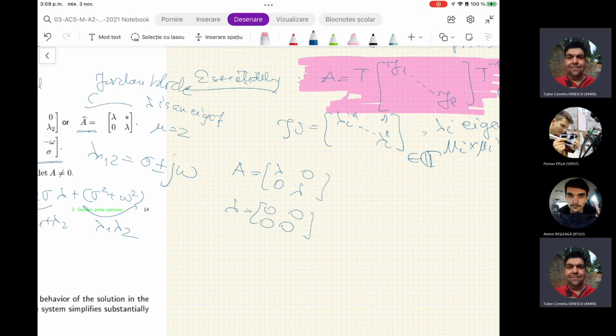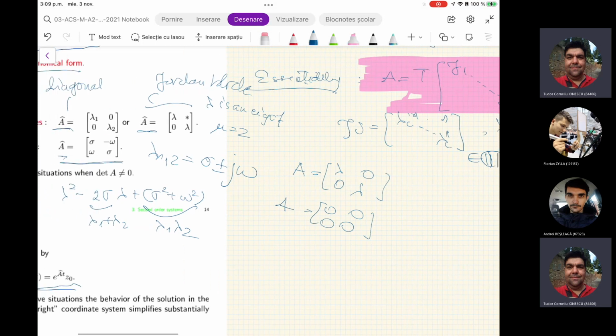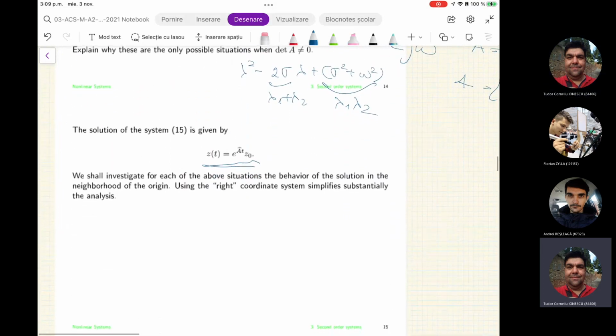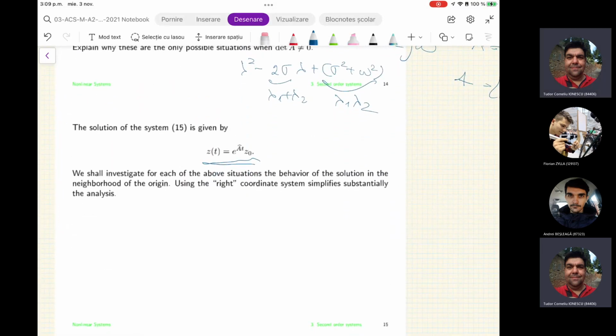So we are going to investigate all the possible occurrences of A, degenerate or non-degenerate, to understand the behavior around the origin equilibrium point. Using the right coordinate transformation, we can simplify our analysis and understand things more clearly.